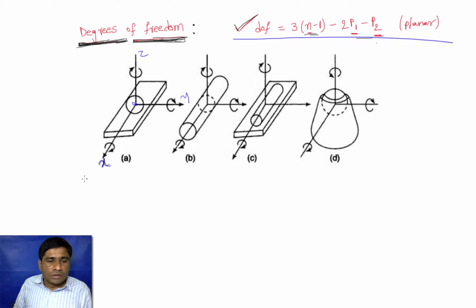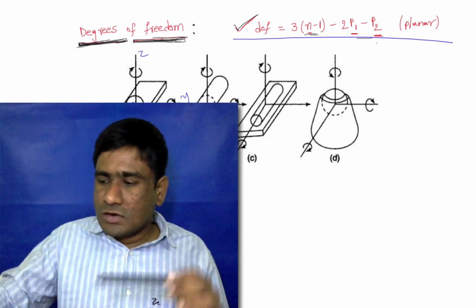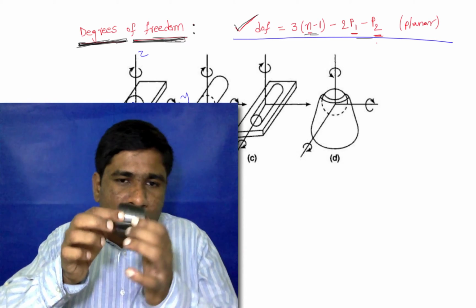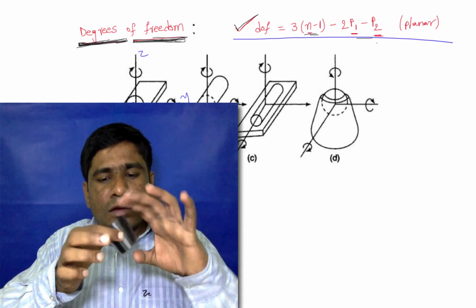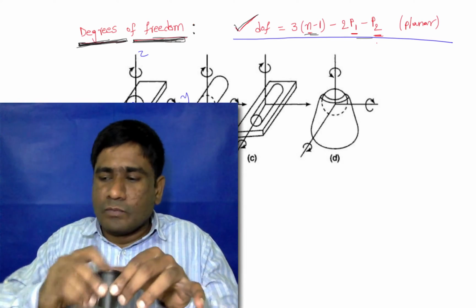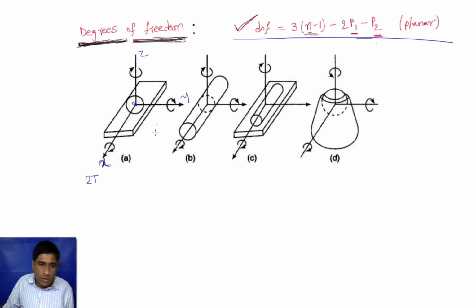So here it has only two translations, one along the x-axis and another along the y-axis, and it can rotate about the x-axis, the y-axis and the z-axis. For example, if I consider this as the sphere, it can rotate like this, and like this, and like this also. So it has 3 rotations. So altogether how many degrees of freedom does this sphere possess?